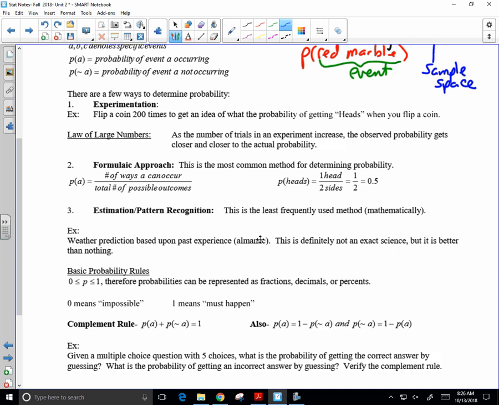But maybe I only observed like 100 spins and I didn't see the 8. That doesn't mean I'm about to get 2 or 3 consecutive 8s. It just means that the probability of getting an 8 has been nudged a little bit more in my favor.